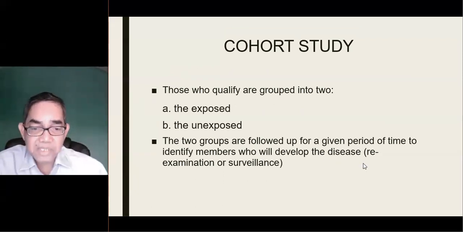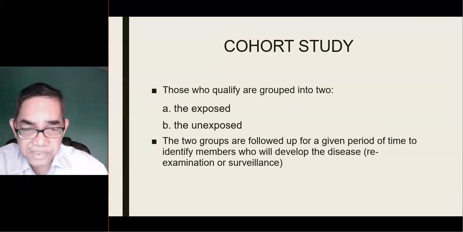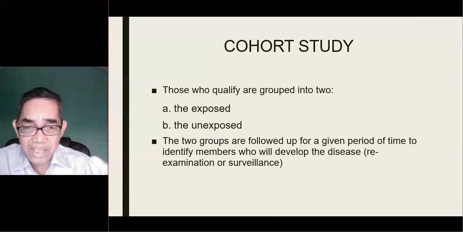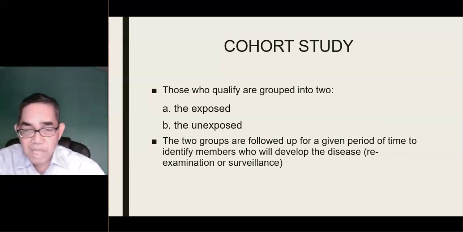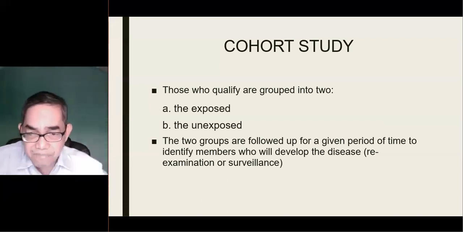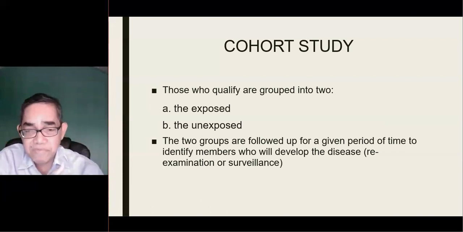So there is a re-examination, a surveillance. Unlike a cross-sectional study, a cohort study follows up. So there is now a period of time. There is an initial assessment where all people who have the disease are disqualified. They are not part of the study.